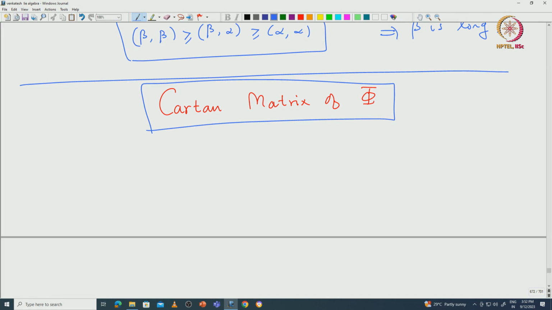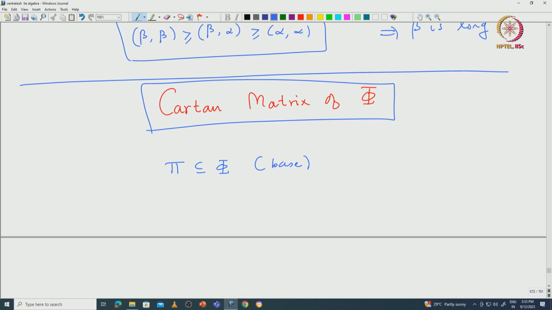We have already seen that if we fix the base capital pi inside phi, then the elements of phi are somewhat controlled by pi. We indeed proved a result: any positive root can be written as a sum of simple roots, let us say beta 1 plus etcetera beta k, in such a way that whenever you break it at some point, like beta i plus etcetera beta k, that must again be a root.